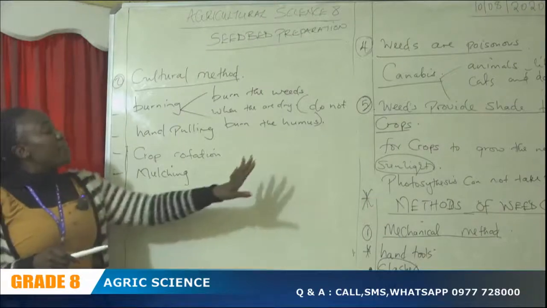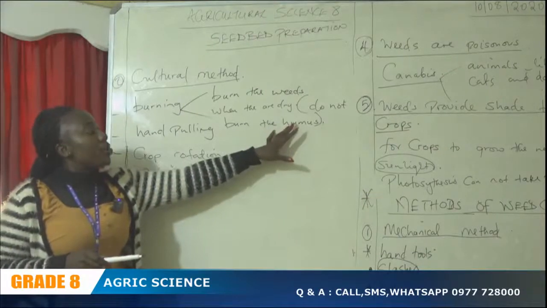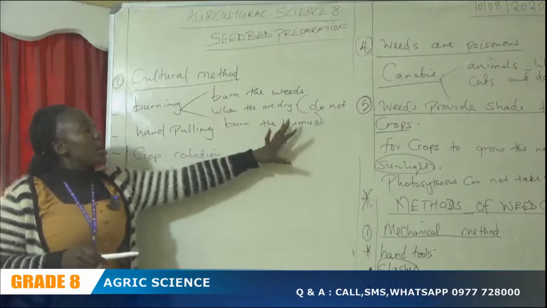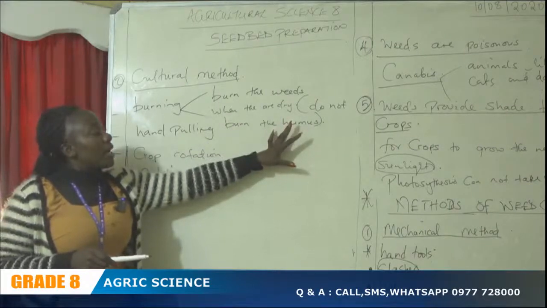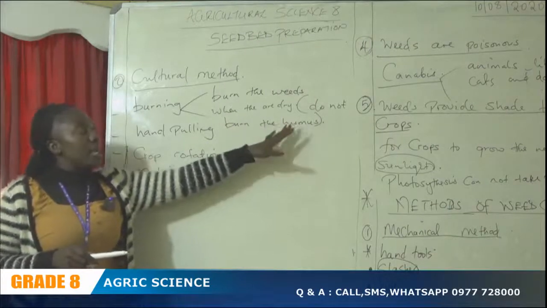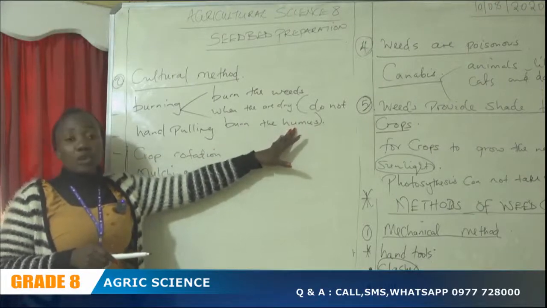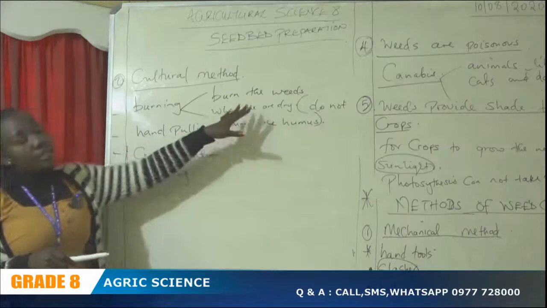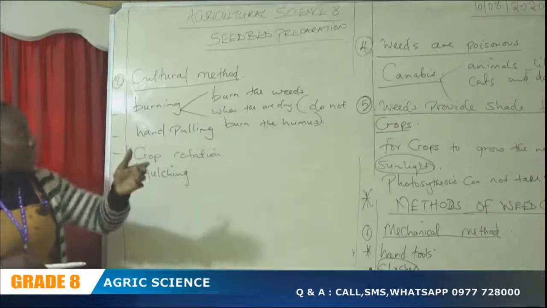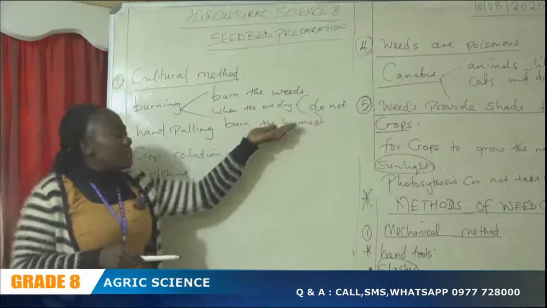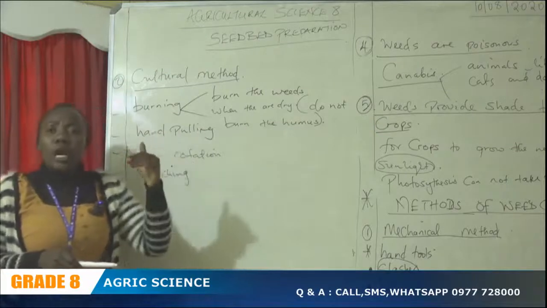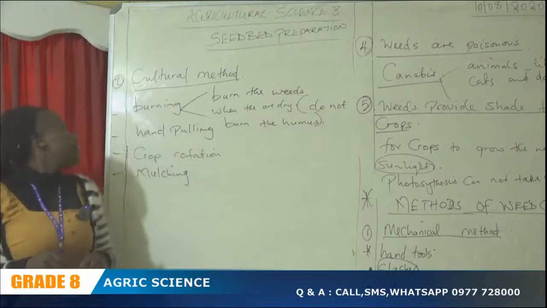We shouldn't burn the humus because this is where there's a high content of nutrients, a lot of dark color in it. It's best to use when you're growing crops. It improves the soil structure. So when we're burning the weeds, we shouldn't burn too much, because when we burn the humus, the soil structure will not be improved.